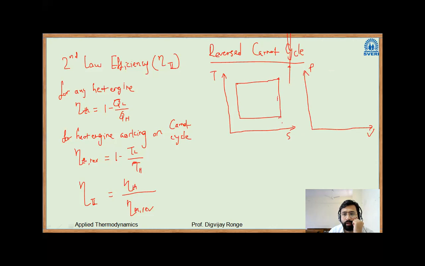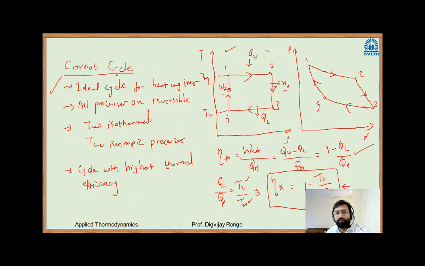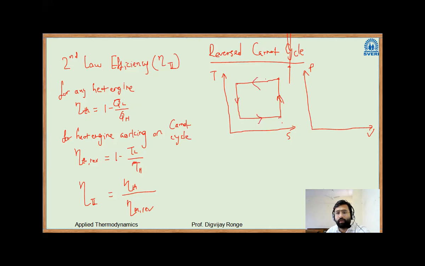The direction will now be like this, and this. So you can cross check. Initially the process was taking place in this direction. Now the direction is reversed, so the name comes reverse Carnot cycle. So again, let us say this is 1 to 2 to 3 to 4. Again, in this case, you will observe similar behavior.